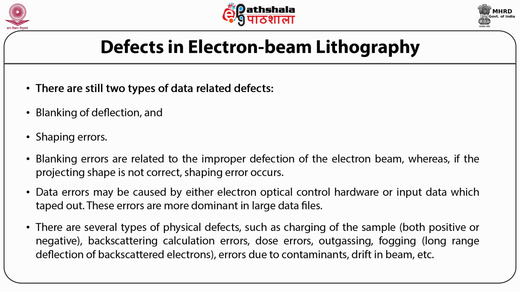There are several types of physical defects such as charging of the sample, which can be positive or negative, backscattering calculation errors, dose errors, outgassing, fogging, long-range deflection of backscattered electrons, errors due to contaminants, drift in beam, etc. Because e-beam takes a very long time for creating patterns, random errors are more frequent.